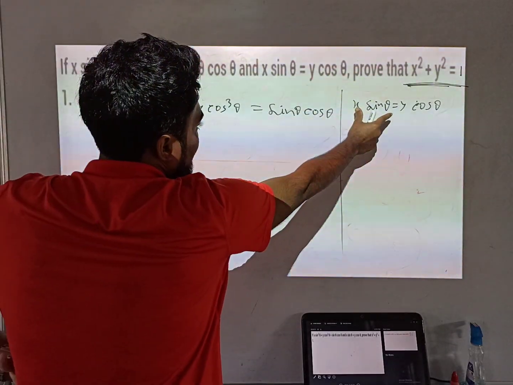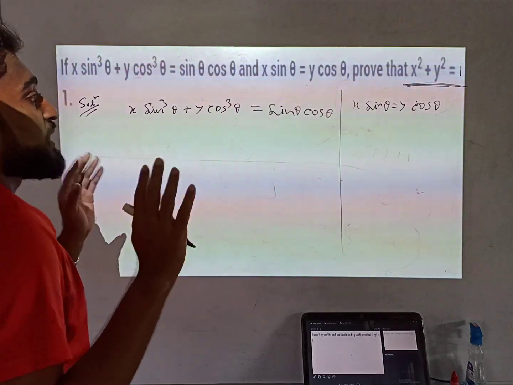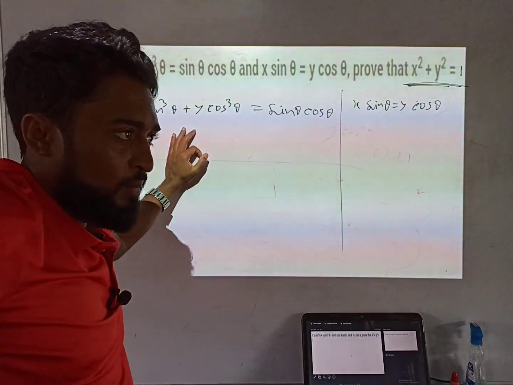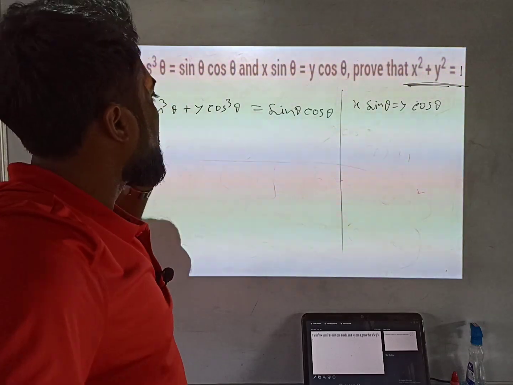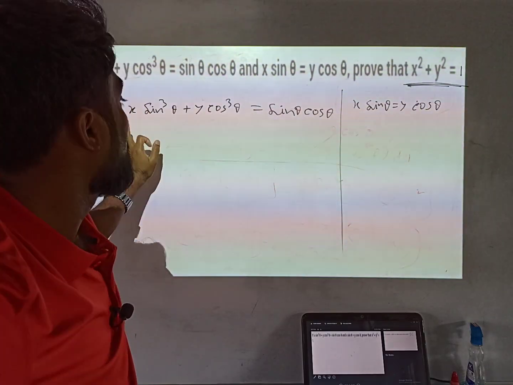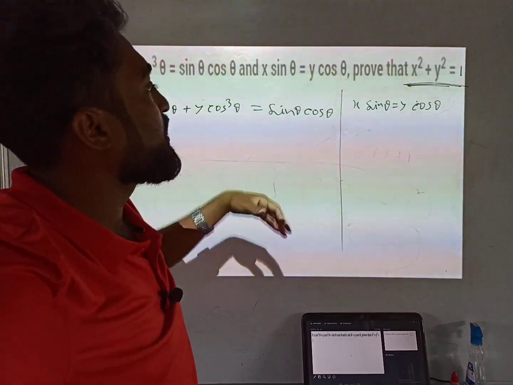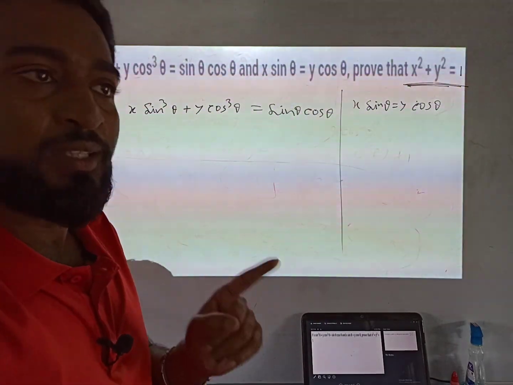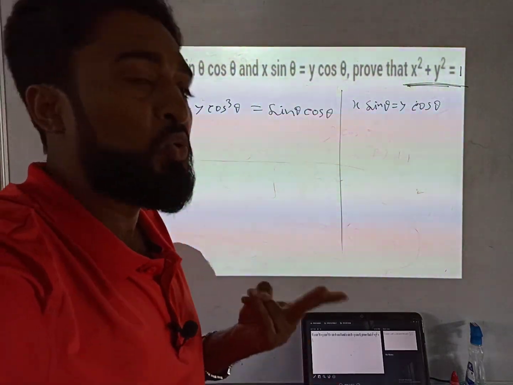How to use it? In place of x sin theta, you write y cos theta. In such questions always remember one thing: you need to reduce the number of variables. How many unknowns are there? x, y and theta, all three are unknowns. One equation can find one unknown, two equations can find two unknowns.